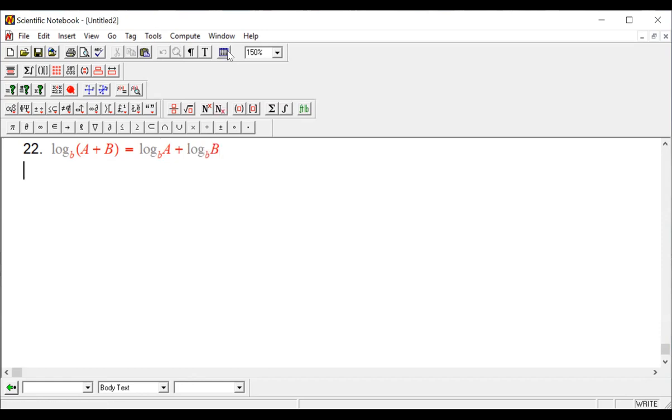Okay, so this is wrong, right? This is wrong because we know the latter is equal to log base b of A times B. This is true, but that is false.